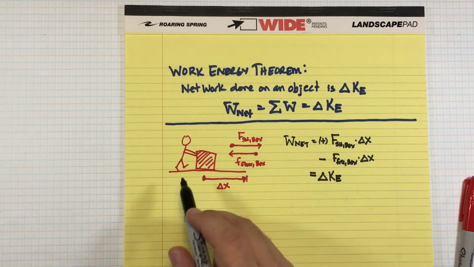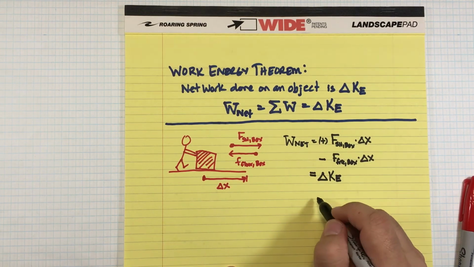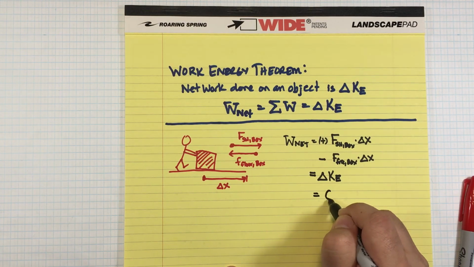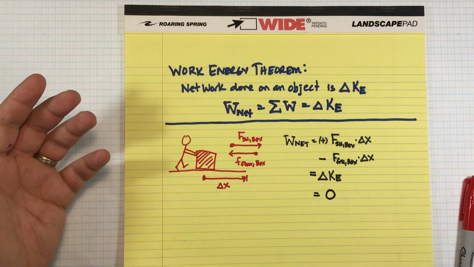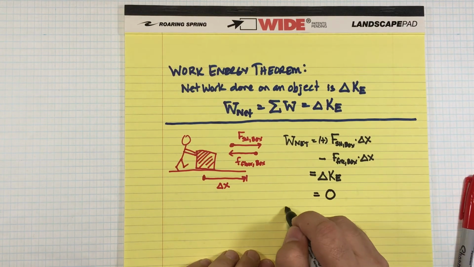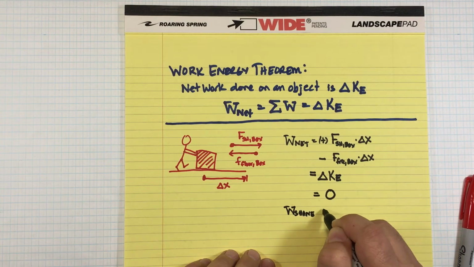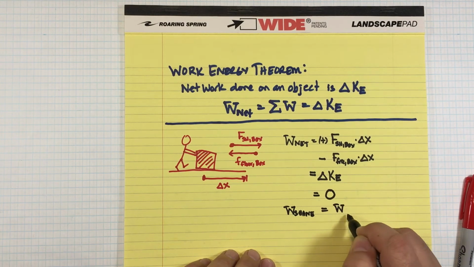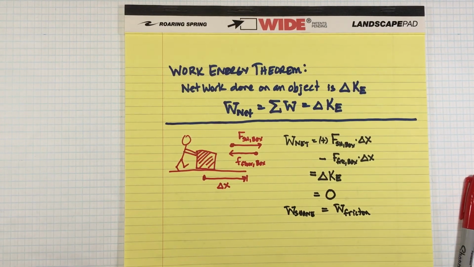Before the problem starts, the box is not moving. When I'm all done, the box is also not moving. So in the end, the kinetic energy doesn't change at all. The box starts with no kinetic energy and ends with no kinetic energy. And so what that means is that the work done by me to push the box across the floor is exactly the same as the work done by friction to stop the box moving across the floor.